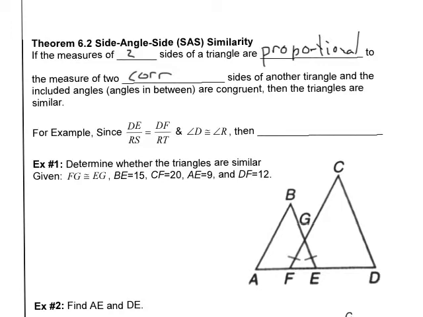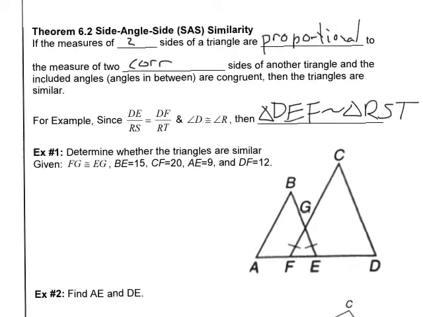That's all we need to prove that they're similar. So DE over RS is equal to DF over RT, so we have proportional sides, and the angles in between are congruent. Therefore, triangle DEF from the page before is similar to triangle RST.